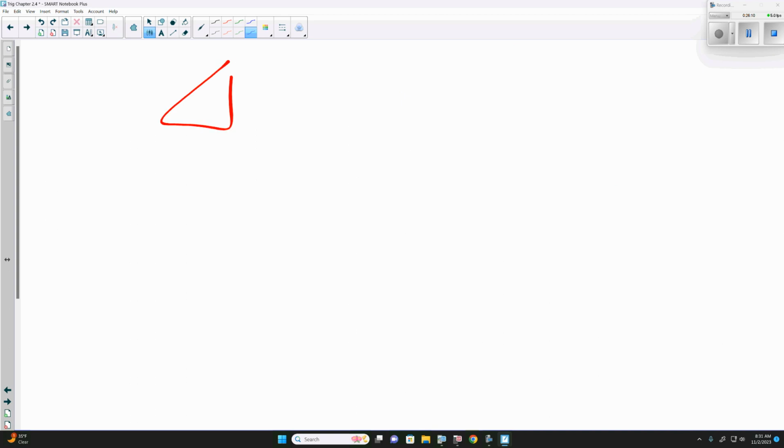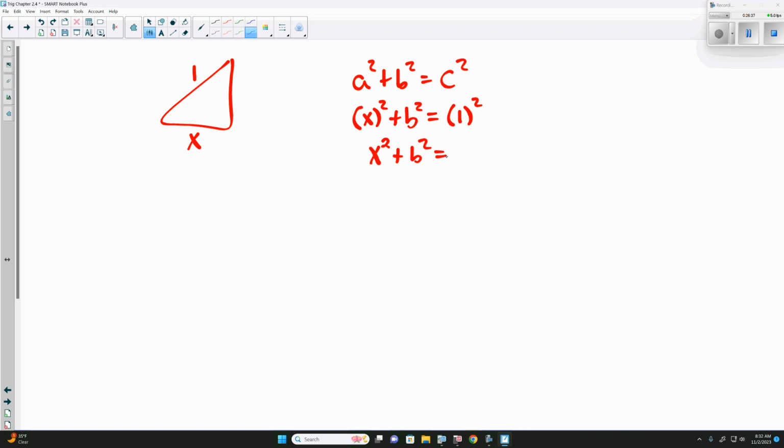Because in our triangle, 1 and x, we're trying to find the missing side. A squared plus b squared is equal to c squared. We can say a squared is our x squared. Don't know what b is, but c is 1. X squared simplifies to x squared.